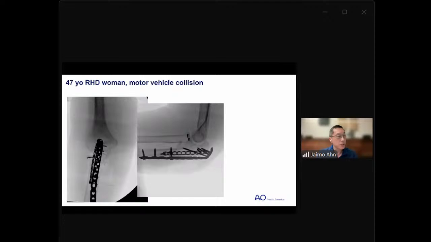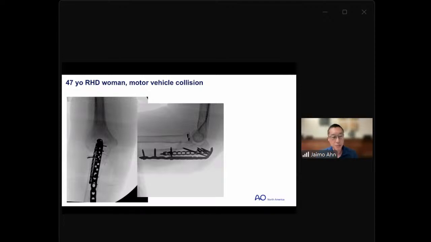Once I took the clamps off, the comminution wasn't holding position, and even though getting that comminution in the right position wasn't necessary to maintain the length, I felt that in terms of the overall strength of the construct, we know that even though getting the comminution millimeter perfect may not necessarily affect overall healing, if you can get that into millimeter position, it does change the overall strength of your construct by quite a bit.